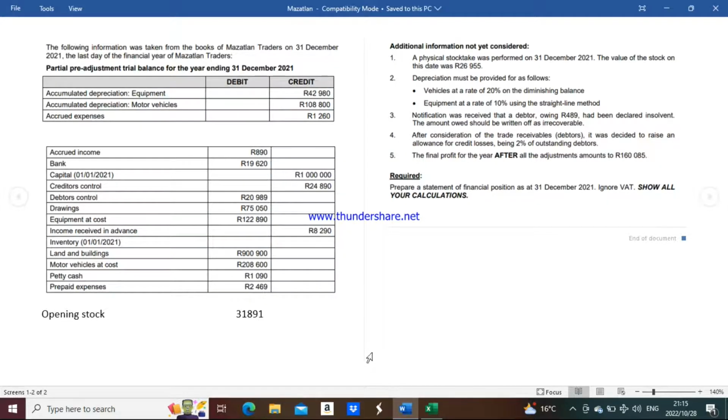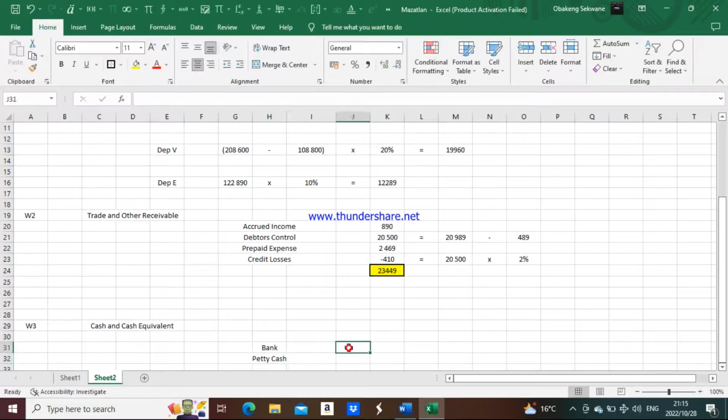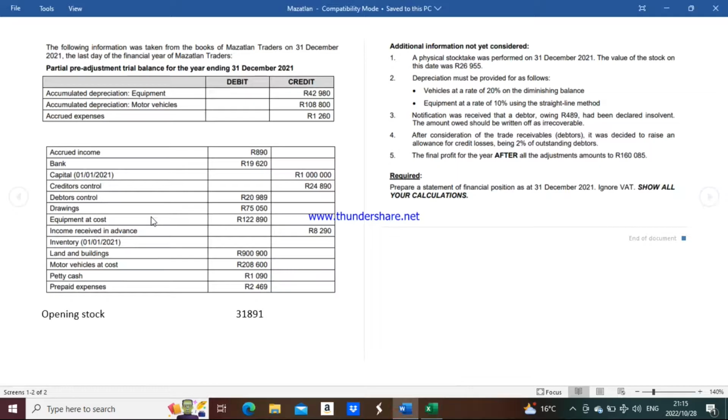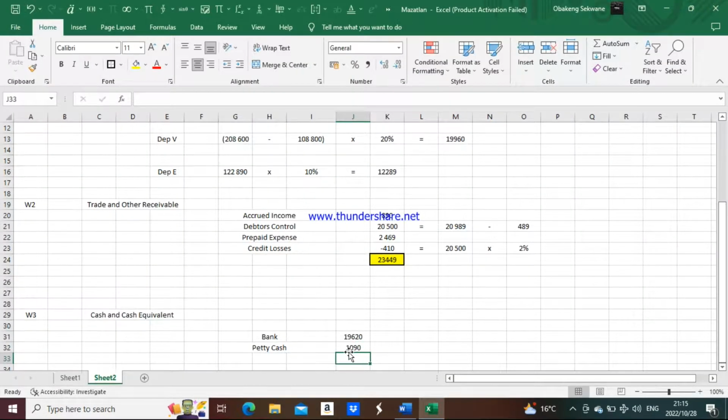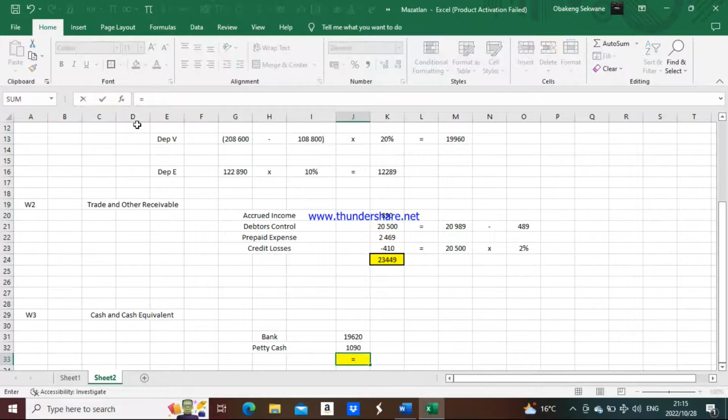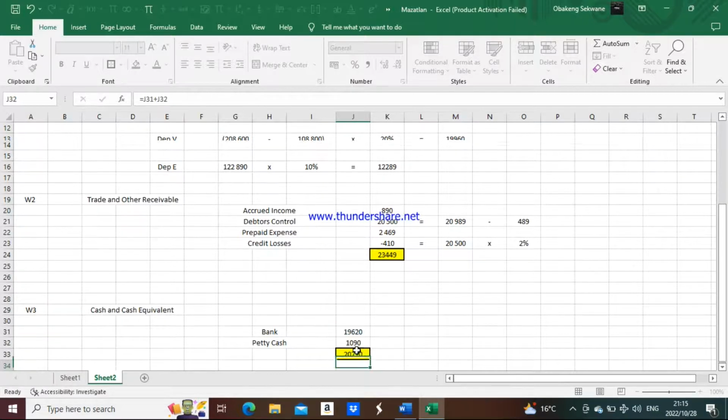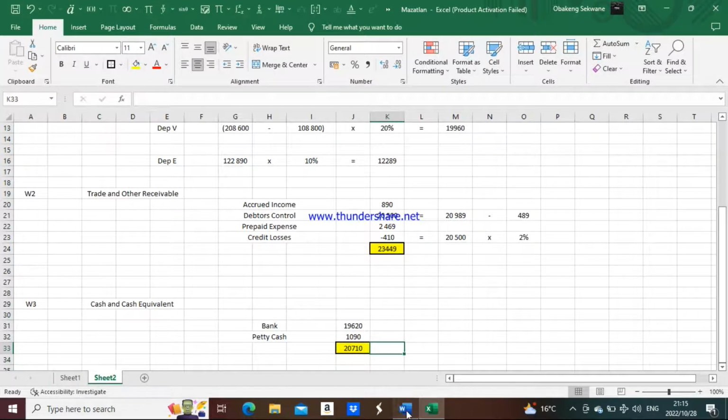We have bank at 19,620. Then we have petty cash at 1,090. Our total amounts to bank plus petty cash, and this gives us 20,710.